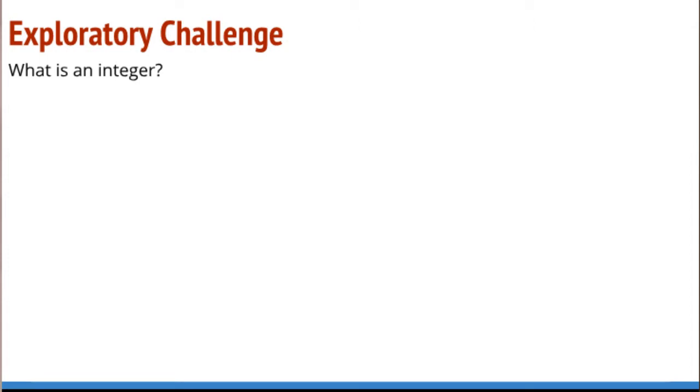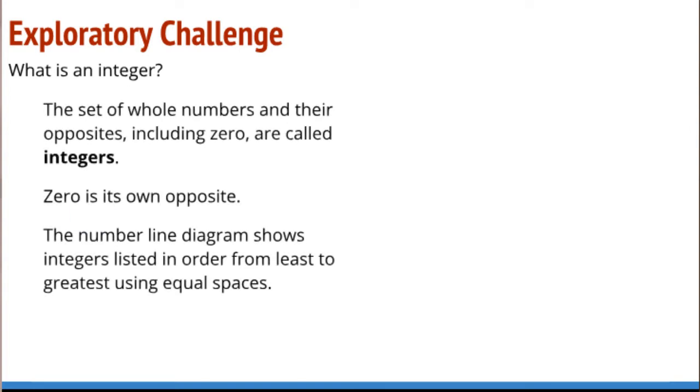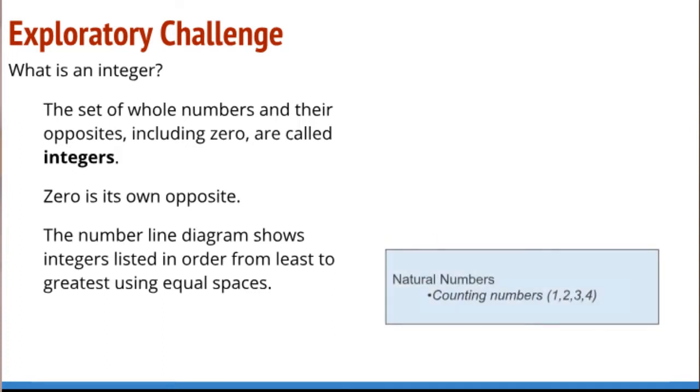So then the question becomes, well, what is an integer? Well, an integer is all of the whole numbers and their opposites, including 0. And 0 is its own opposite. So what we have here, and I've set this up as a Venn diagram, we have what are known as the natural numbers, and the natural numbers are the counting numbers. 1, 2, 3, 4.